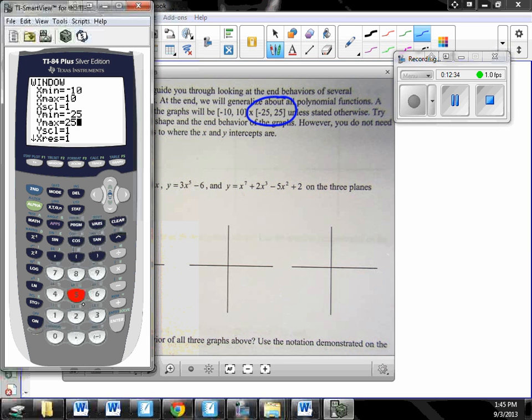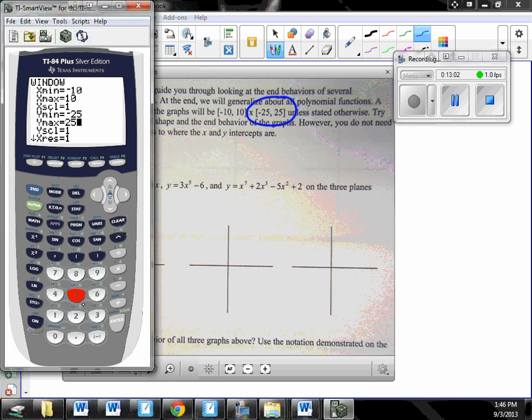Does anybody know what XSCL, YSCL means? The scale. What does the scale tell us? It tells us how big each little tick mark is. So if I did 1, that would be 50 tick marks. That would be kind of hard.